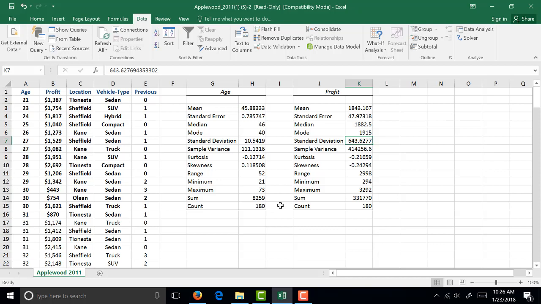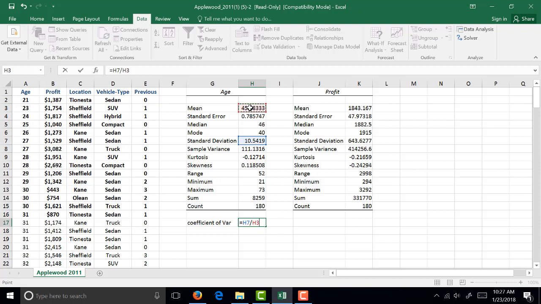What we're actually going to do is look at it as a percentage of our data. So first we'll talk about the coefficient of variance and how we're going to calculate this. I'm going to create my own formula, and I'm going to hit equals. I'm going to take my standard deviation and divide that by my mean.